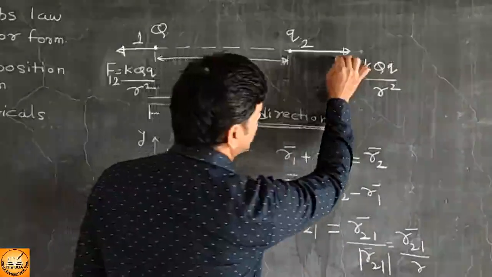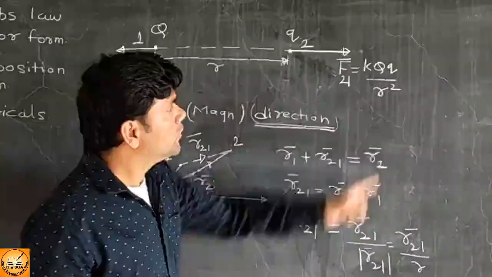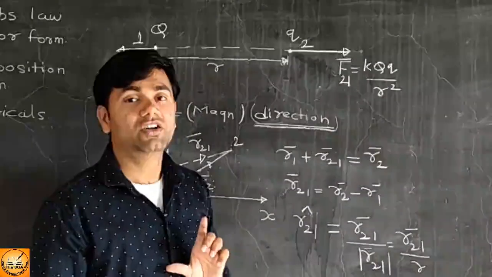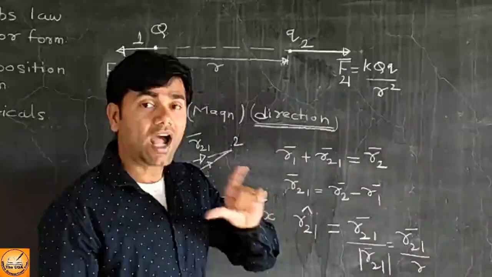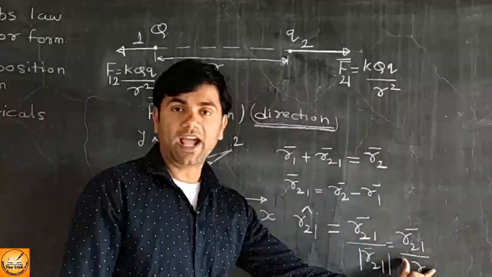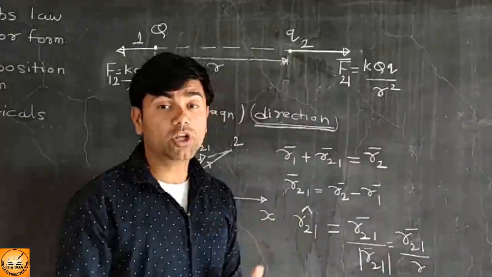So if I want to write force in vector form, Q by R square is the magnitude, right? But I want to represent its direction now, and I know that direction can be represented by a unit vector.